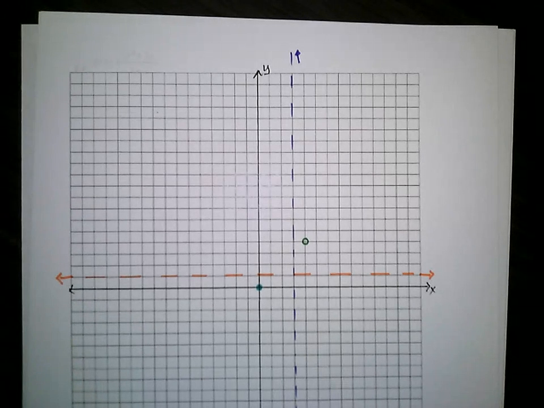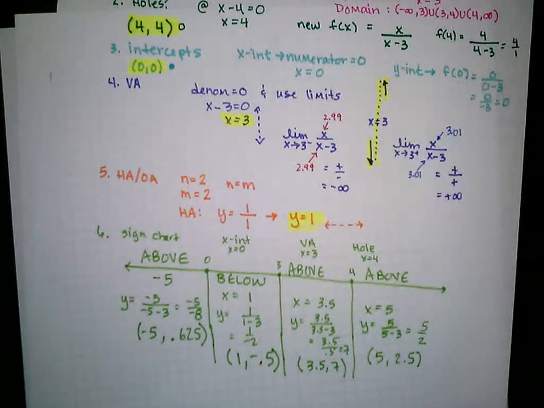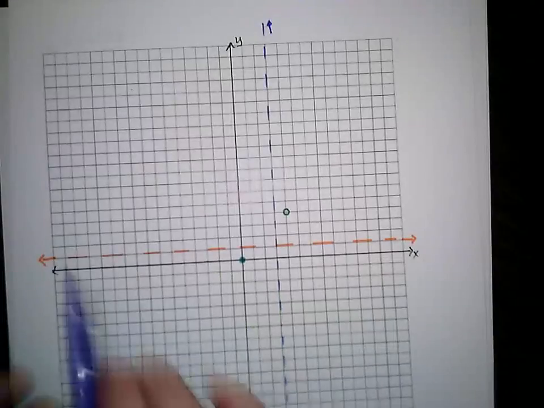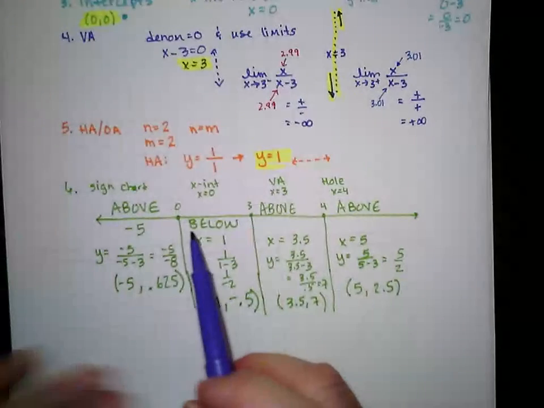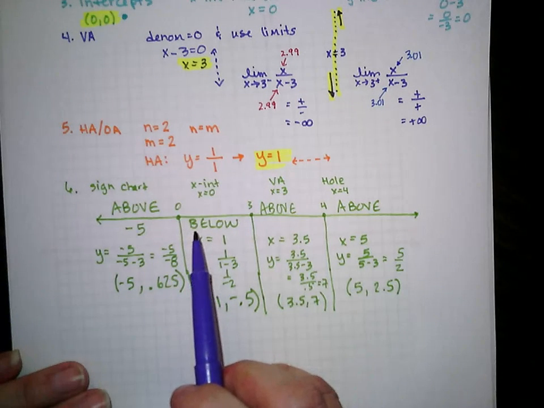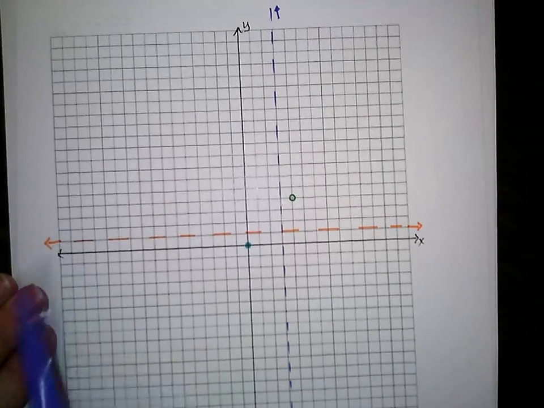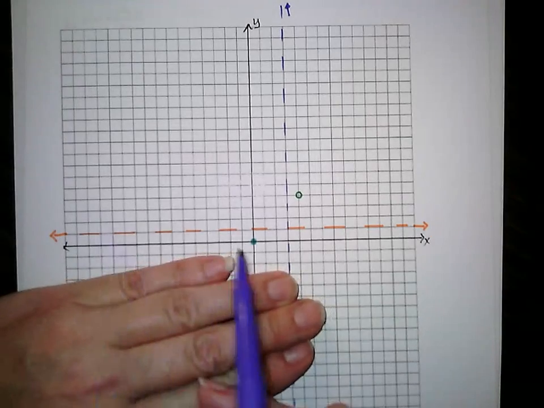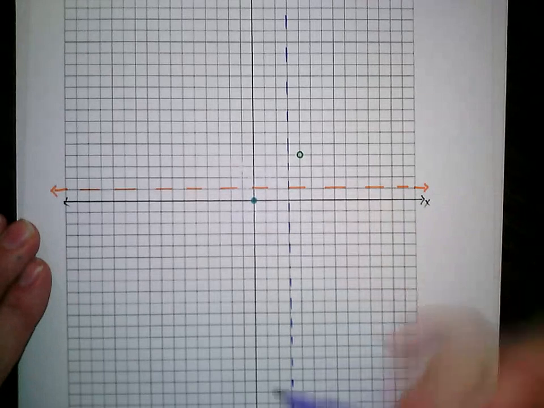And then it's going to cross through the x-axis here. And then it's going to be below the x-axis until we get to 3. So above the x-axis in this section until we get to 0, it crosses through right there, and then it's below the x-axis after that.